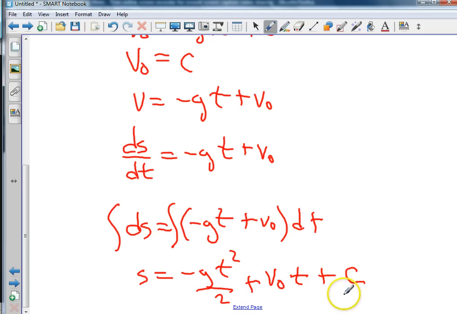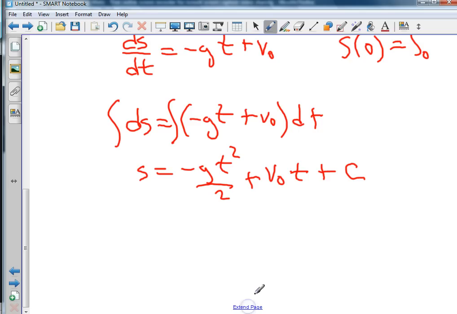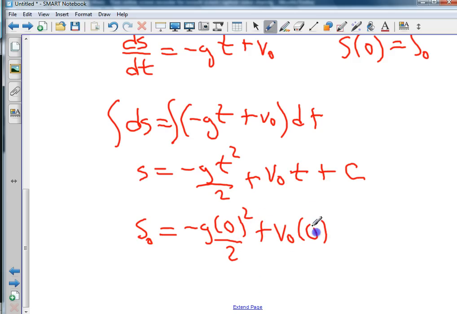Now, if I give you an initial condition like s at time 0 is some s0, some number, some initial displacement off the ground, 100 feet, something, right? Can't I now solve for c? What do you plug in for this? S sub 0, some number, whatever it is, 100 feet, 20 feet, equals negative g times, what's t? 0 squared over 2 plus v0t, and again t is 0, plus c.